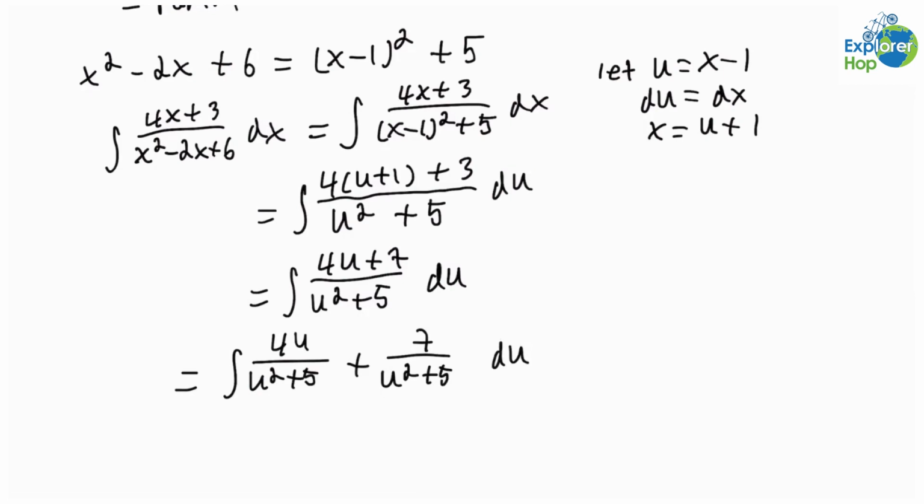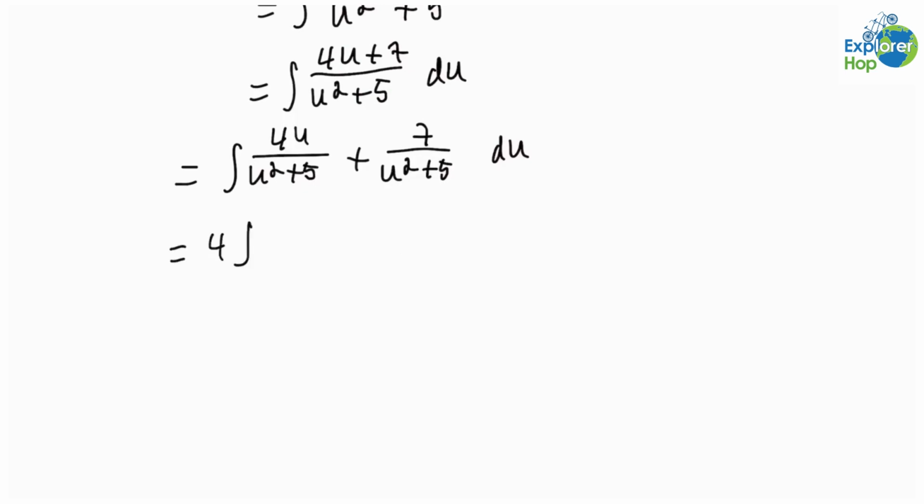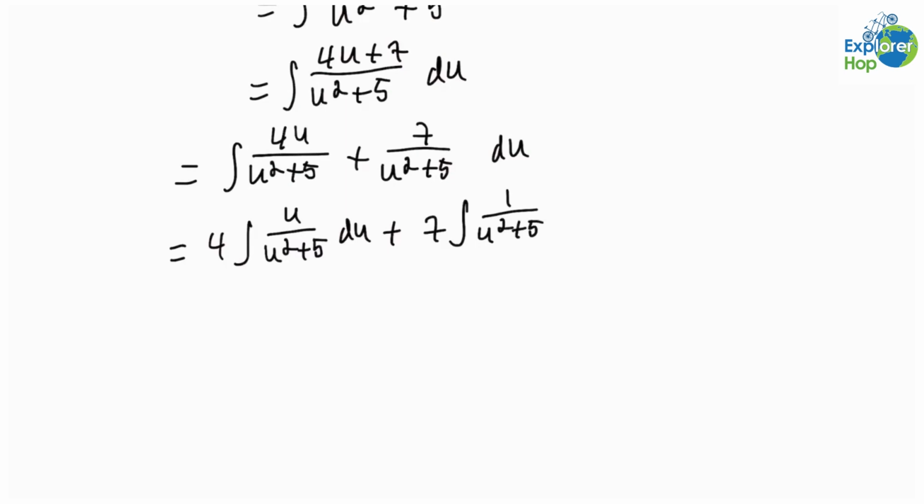Now, applying the sum/difference rule and the constant multiple rule, we get that this is equal to 4 times the integral of u over u squared plus 5 du plus 7 times the integral of 1 over u squared plus 5 du.